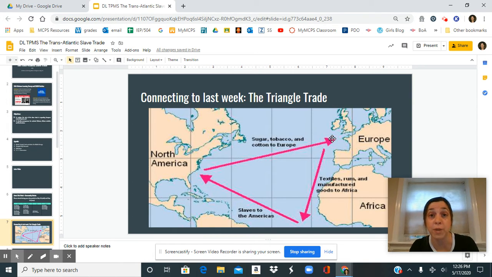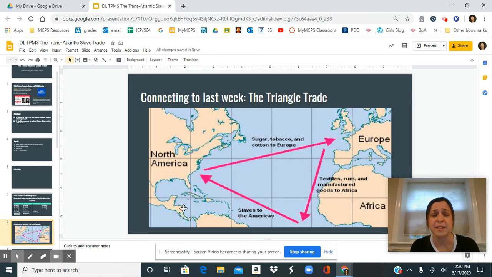One leg of triangle trade has a specific name. It is called the Middle Passage. The Middle Passage is the journey from West Africa to the Americas, where Europeans brought thousands of enslaved Africans. This was a very brutal journey. Many Africans did not survive the journey, and if they did, they were subjected to slavery in the colonies.